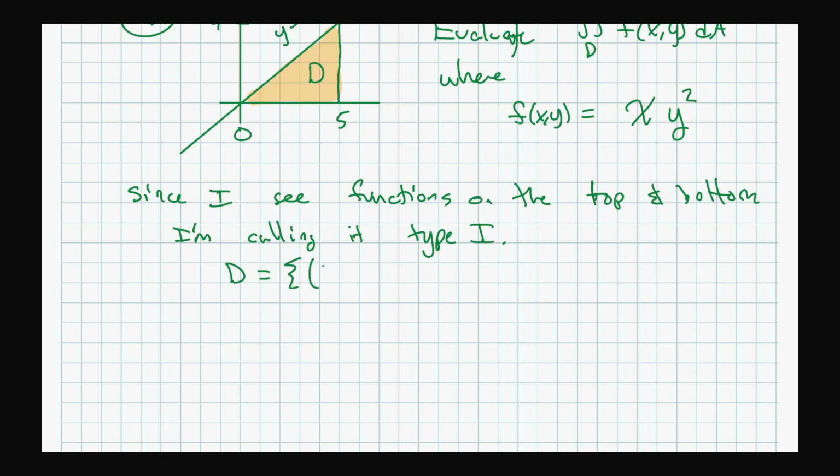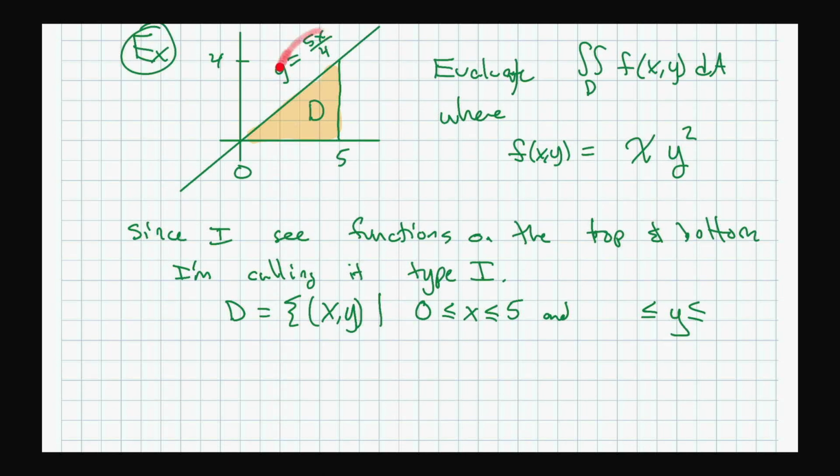So what's your region D? You don't have to list this, but I am. x is going to be between constants, 0 and 5. Now y is between functions. On top, your function is clearly y equals 5x over 4, right?